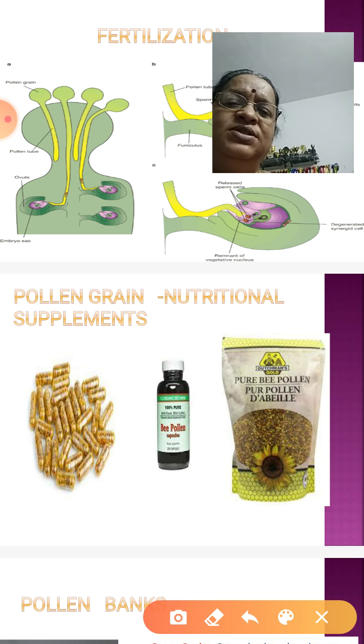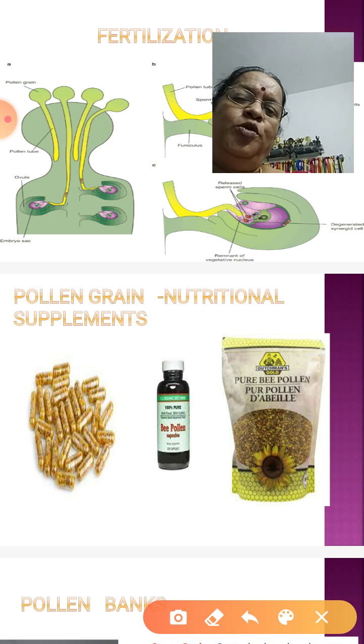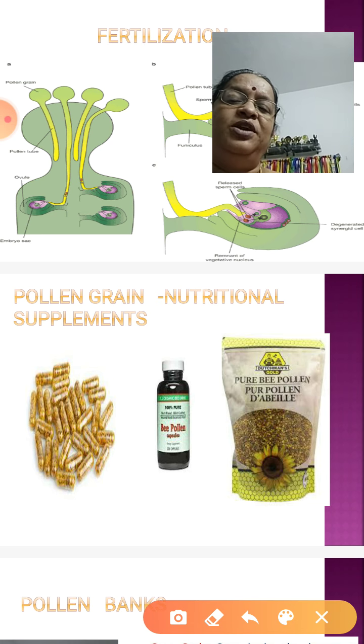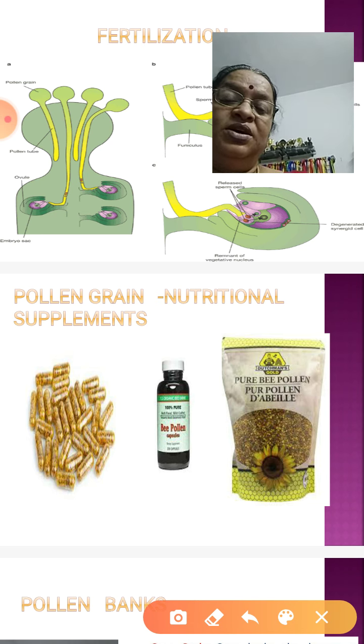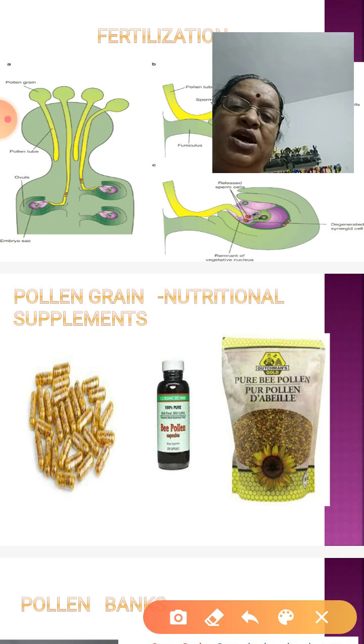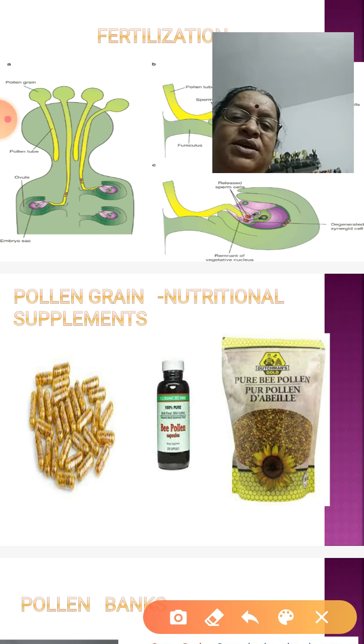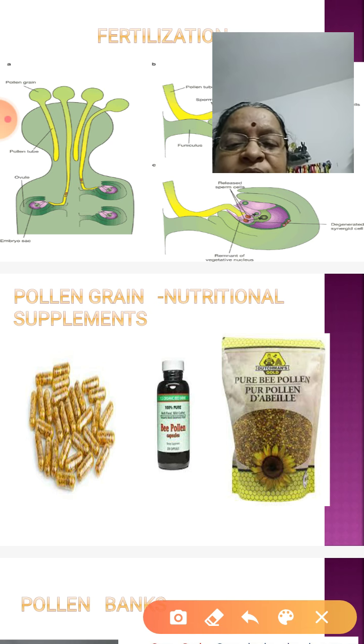Now my question is, if sporopollenin is the toughest substance, something which cannot be digested by enzymes, then how come pollen grains are consumed as food? What will happen when it goes into our digestive system? Try to find the answer for that.